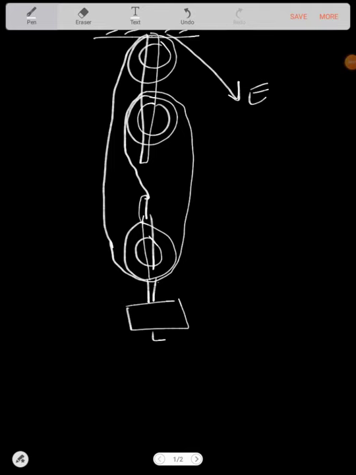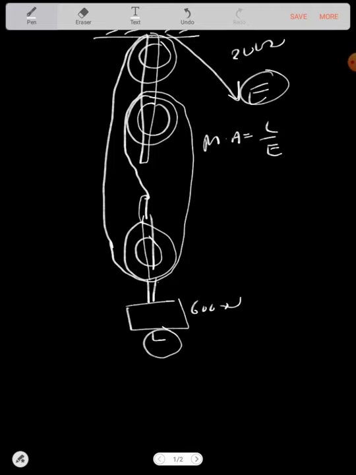Now, with a pulley system, how can you find mechanical advantage? It's the same thing. It's load over effort. The load is here, the effort is here. If this is 600 newtons, I'll use the same values, 200 newtons.